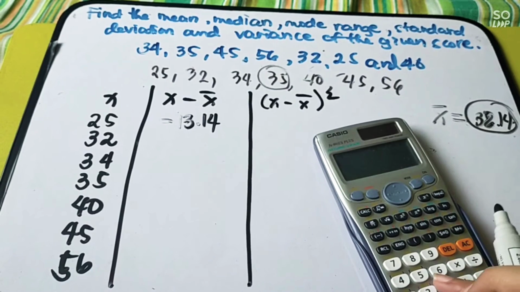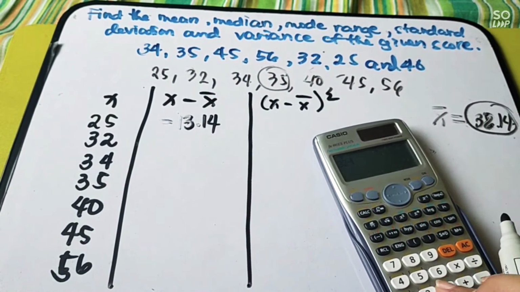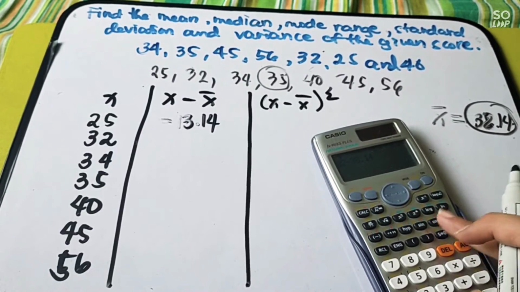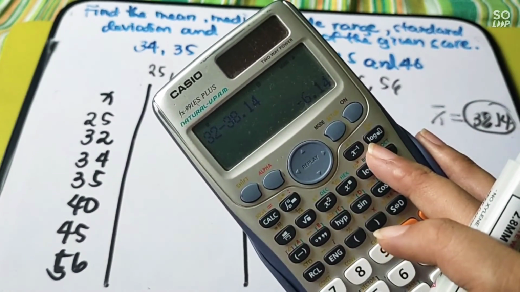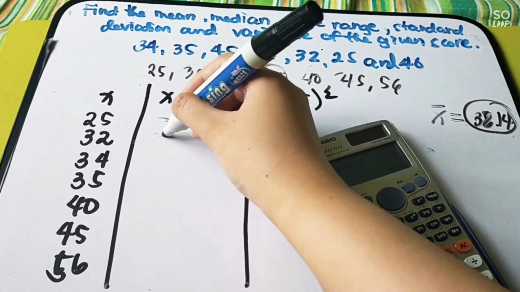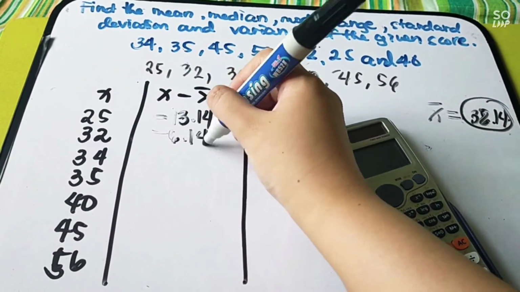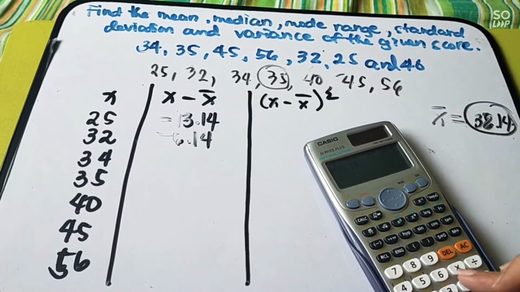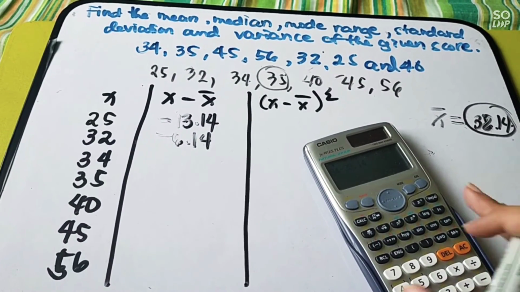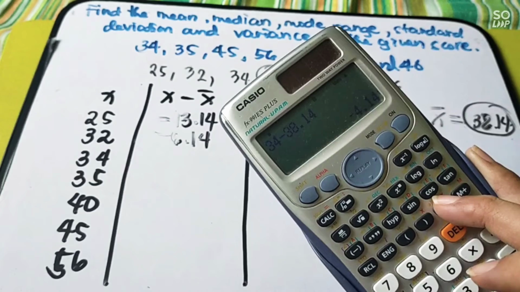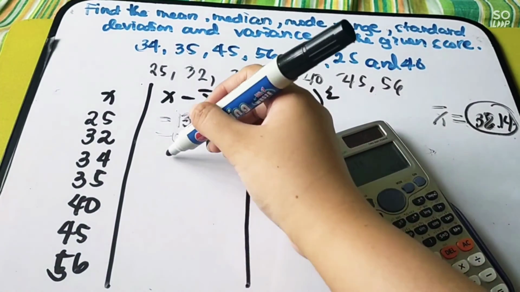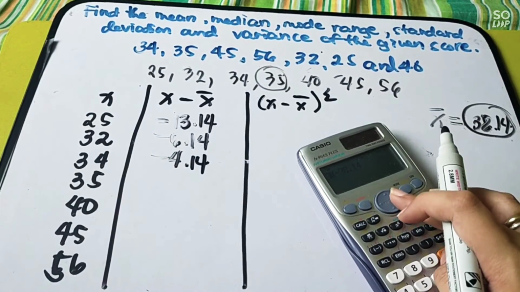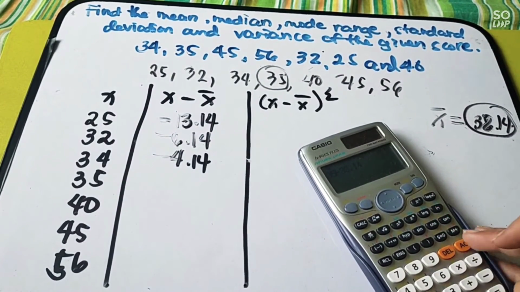Next tayo, we have 32 minus 38.14 ulit. So, the answer is negative 6.14. Next, we have here 34 minus 38.14. Negative 4.14. Next, we have here 35.